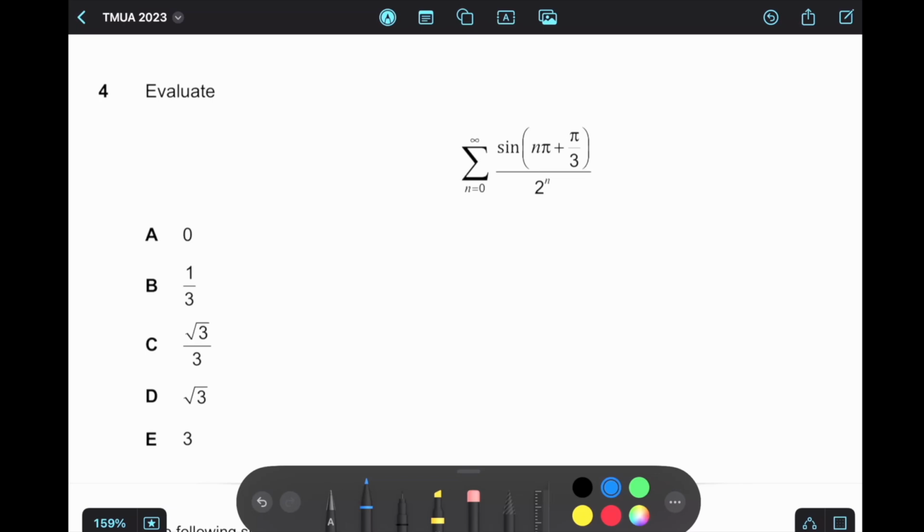Moving on to the fourth problem, here we want to evaluate this infinite series over here. So it might be helpful to approach this problem by listing out the first few terms of this infinite series and see what we get.